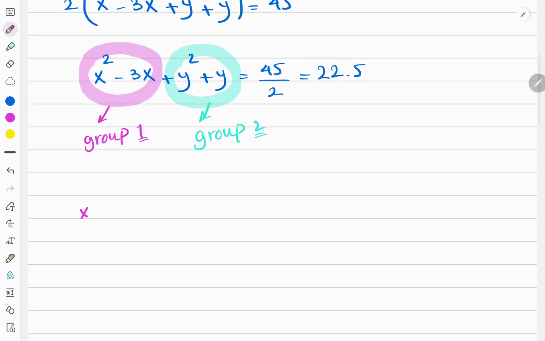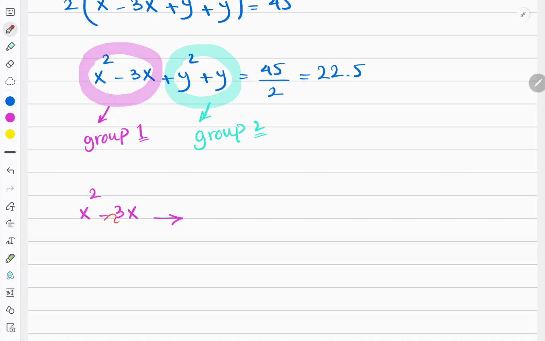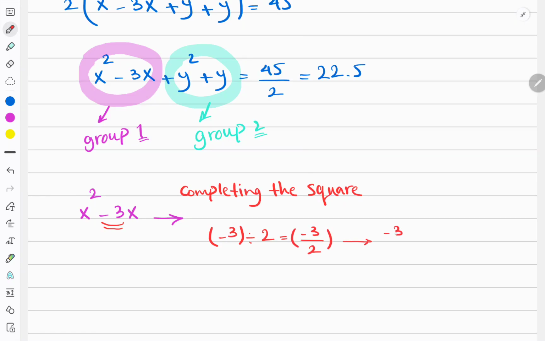x squared minus 3x. For completing the square, we need this number, negative 3. So I'm going to write we are using the completing the square method. Okay, so we have negative 3, which is the coefficient of x. Divide this number by 2, which is negative 3 halves, and then find the square of that, which is positive 9 fourths.